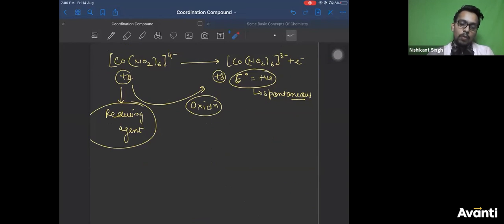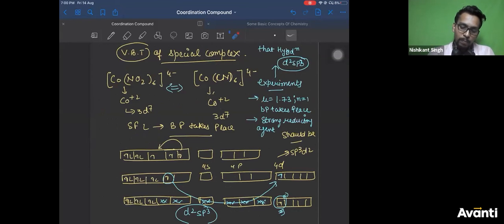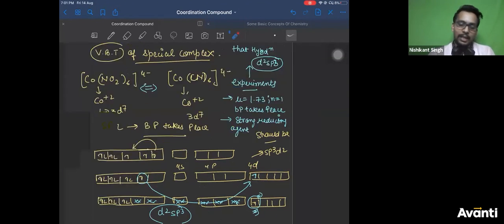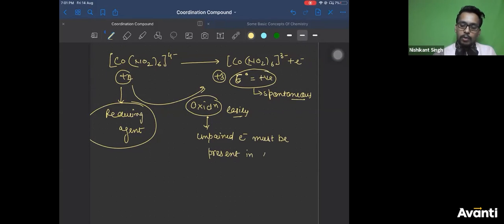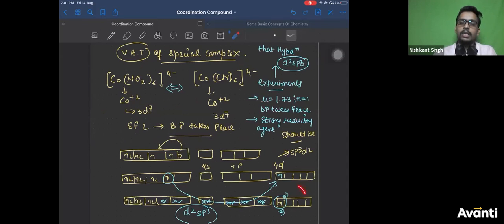And if it undergoes oxidation easily, that means the electron should not be present in 3d, it should be present in 4d. Since it undergoes oxidation easily, the unpaired electron must be present in 4d, because if it is present in the outer shell, ionization energy will be low.